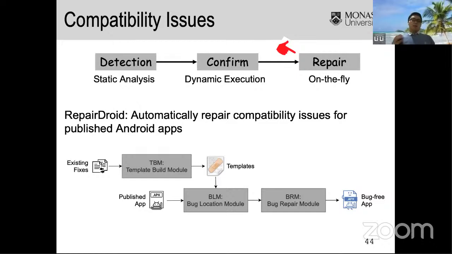Then we leverage static analysis to read the templates and, for given published Android apps, locate where the compatibility issues are, and eventually apply the template patches to fix the compatibility issues directly on the bytecode of the published Android apps. Note that we don't require the source code.